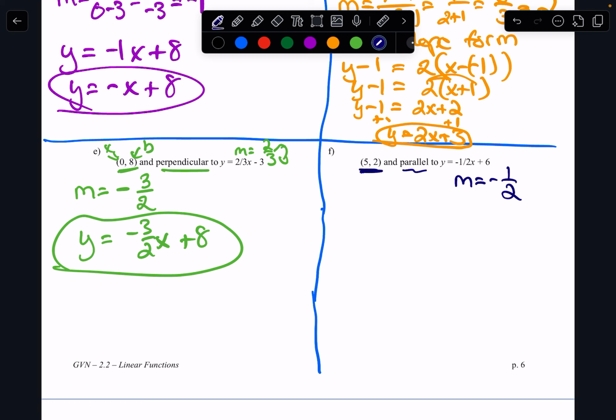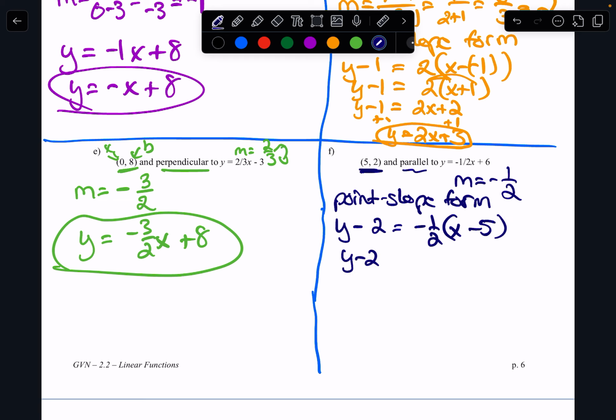Our point is not the y-intercept, so we're going to have to use point slope form here. So y minus 2 equals negative half times x minus 5. y minus 2 equals negative half x plus 5 over 2.